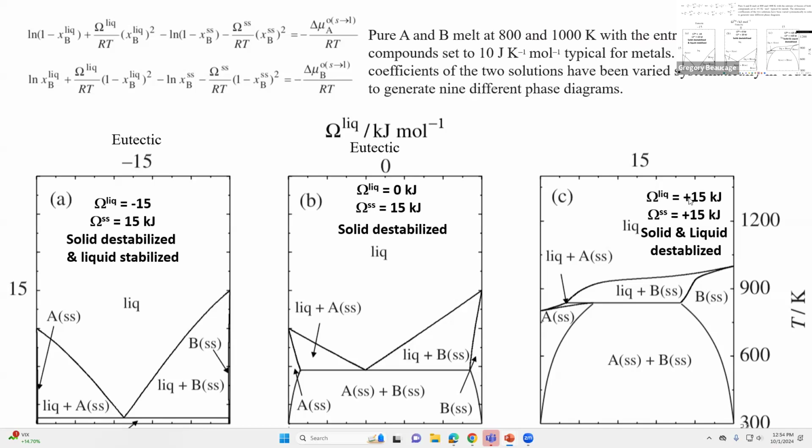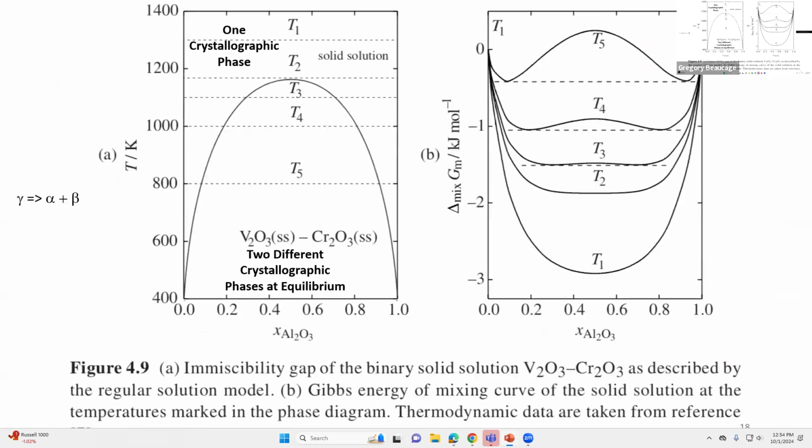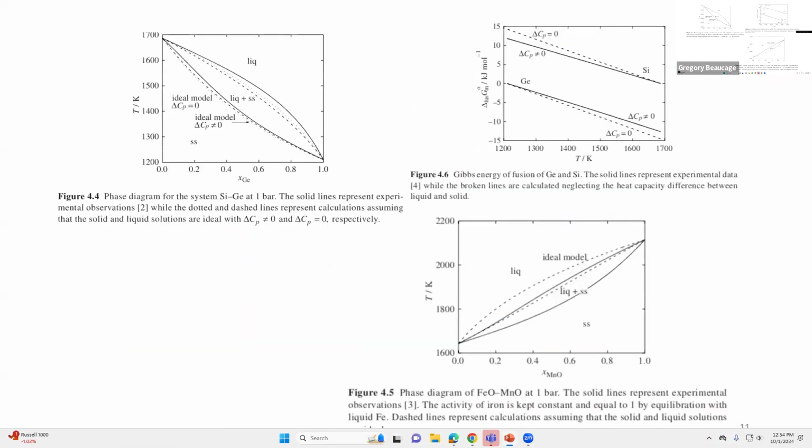And if you destabilize both, you get this weird, complicated phase behavior, which has a monotectic transition right here. That's this C. C is wherever those things are listed.